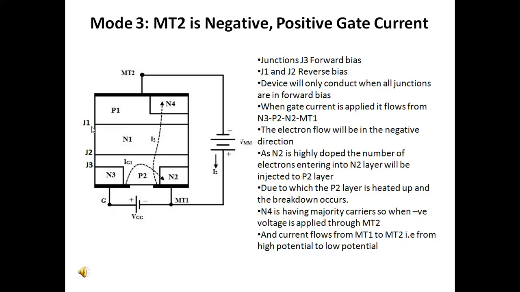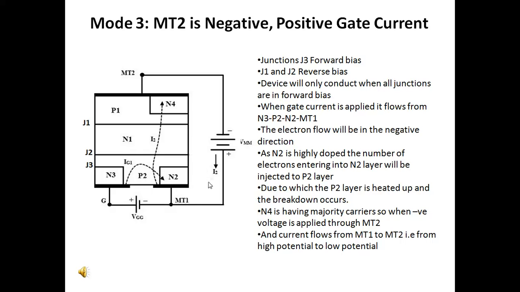As we know, the device is going to conduct only when all the junctions are in forward bias. In this case, whenever a particular gate current is applied, the gate current flows from N3, P2, then N2 to MT1.